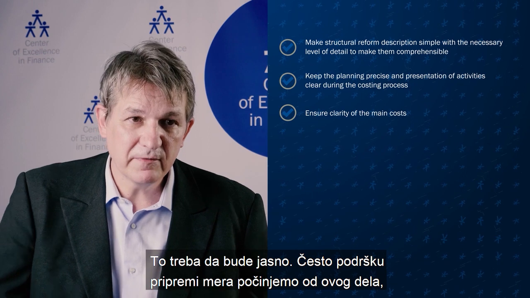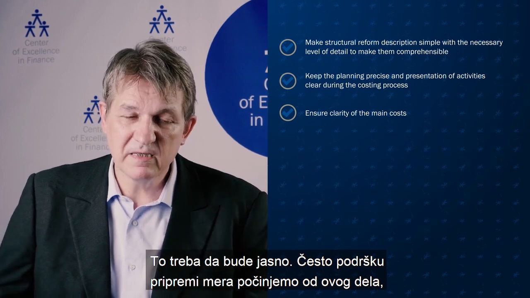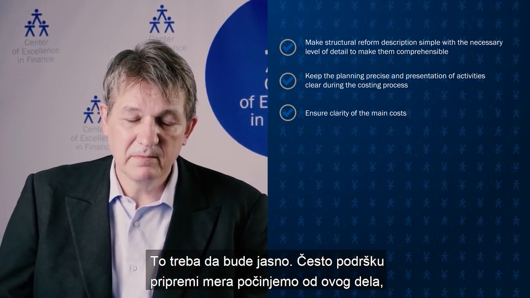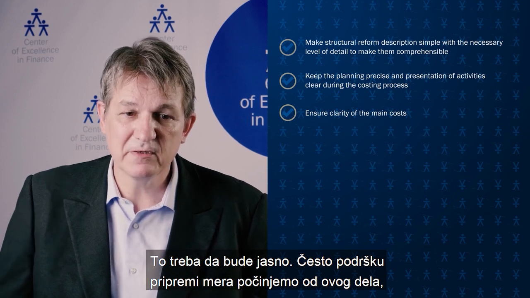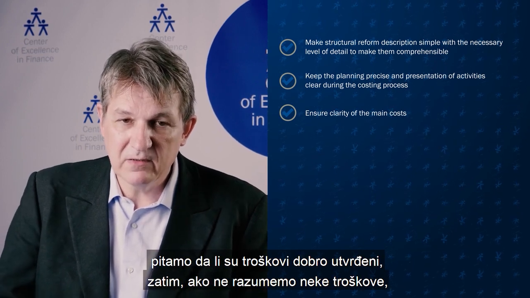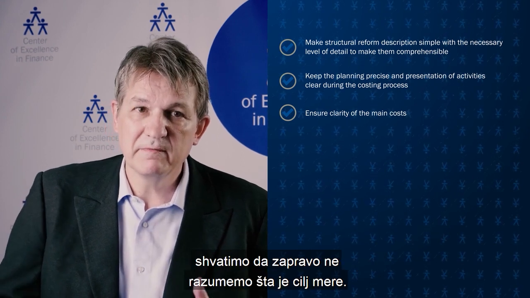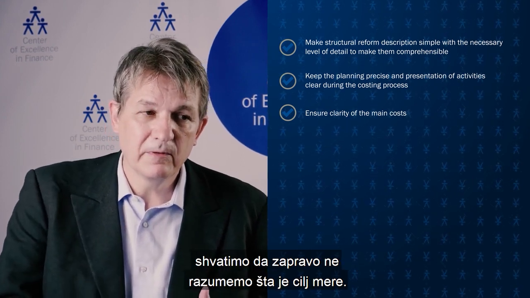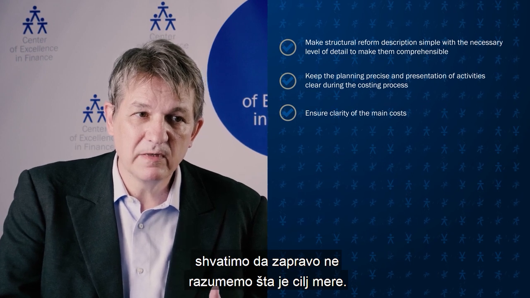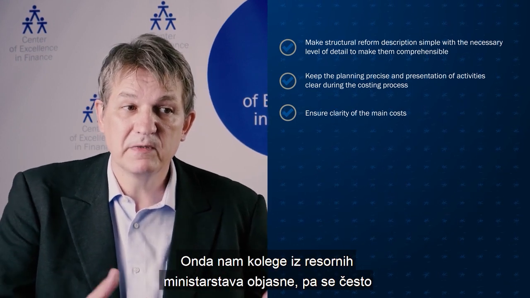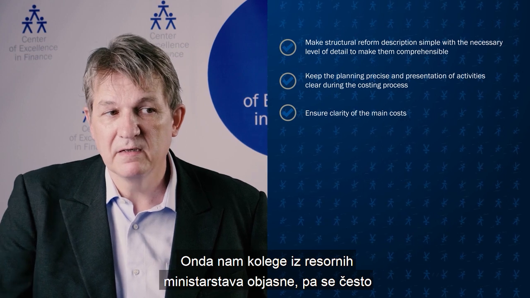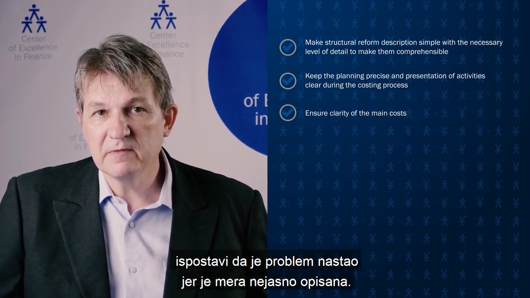And very often, we start our help to develop measures with this part, is it costed well? And then we say we don't understand these costs, and then we find out that actually what we don't understand is what you intend to do with the measure. And then people explain to us from line ministries, and very often the problem is only it wasn't written well.